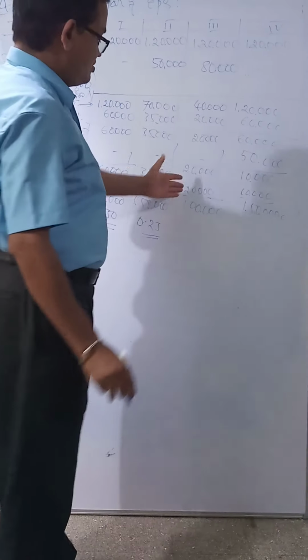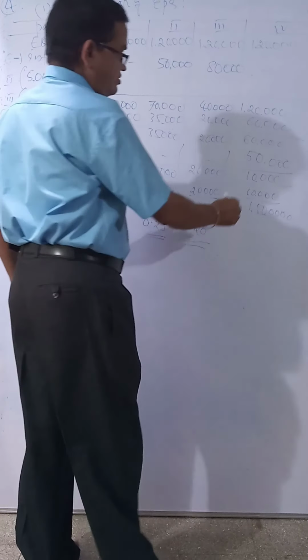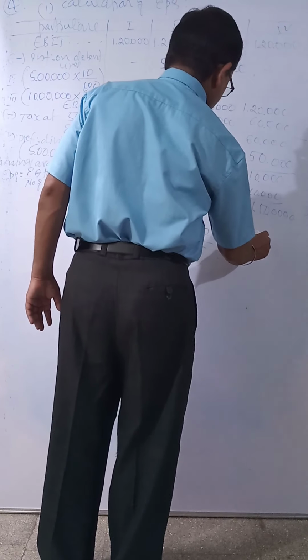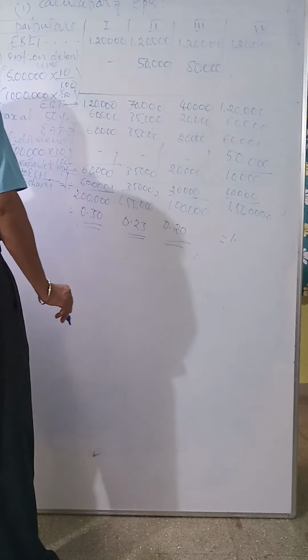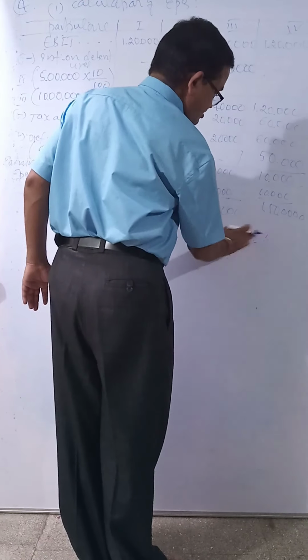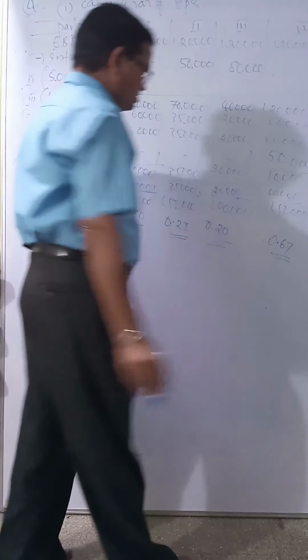Then 0.20, and 10,000 divided by 1 lakh gives 0.67.